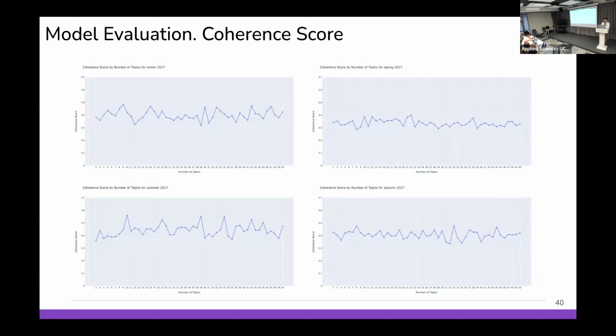But in a few cases, for example, the best coherence score was at 45 topics, but there was no huge difference from the second-best coherence score, which was, for example, at 22 topics. Then we were selecting the second result in order to avoid noise and better interpret the results.